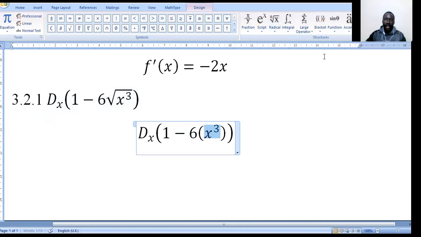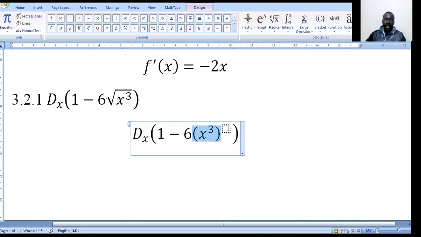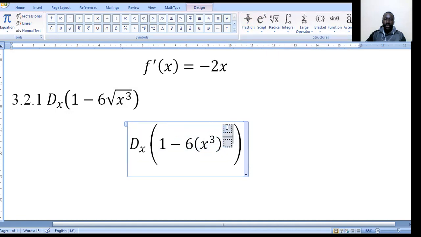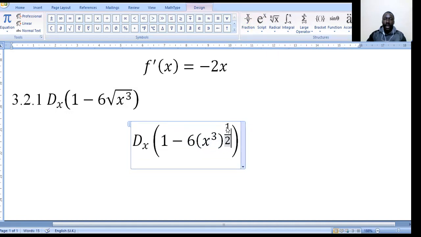And the exponent in this case is 1 divided by 2. So let me raise it right away so that you can see what I'm talking about. So here you will now be having the exponent 1 divided by 2. That is the meaning of square root.